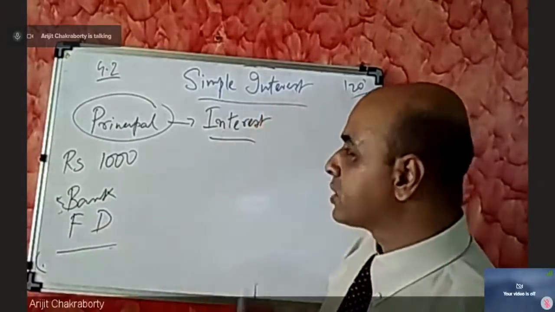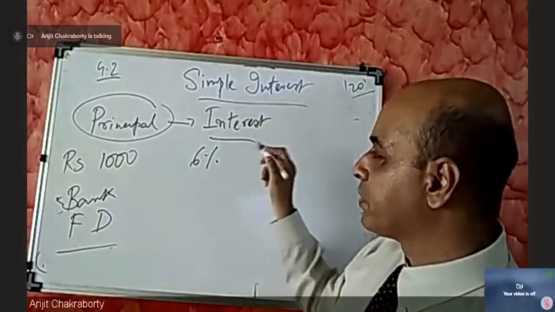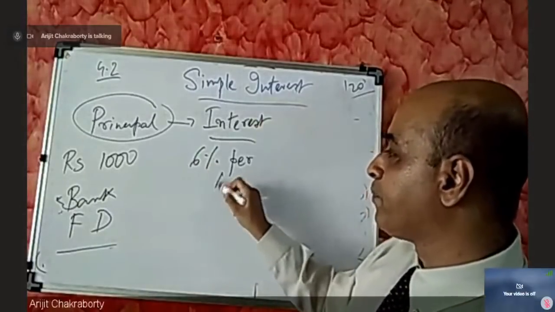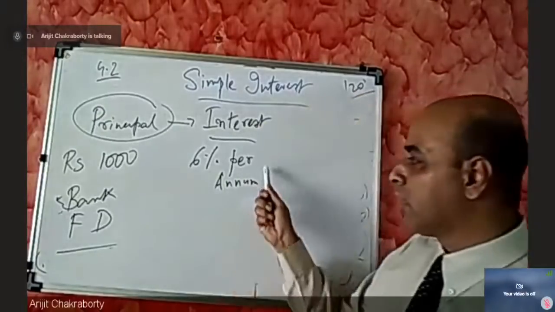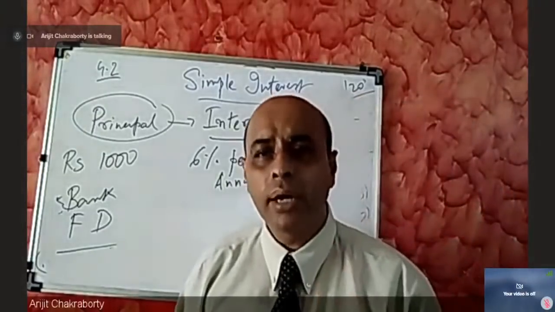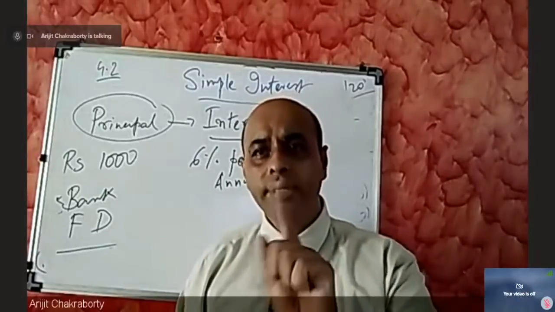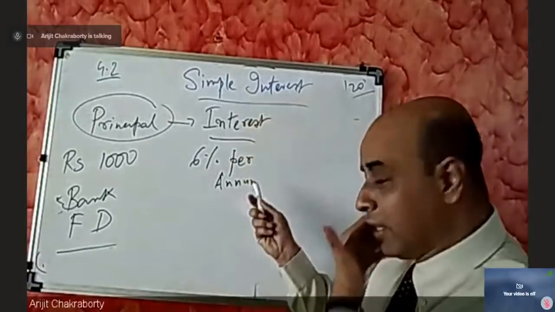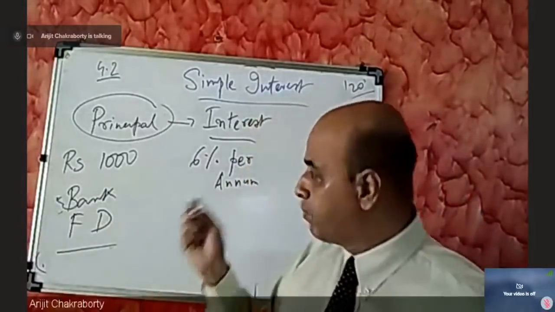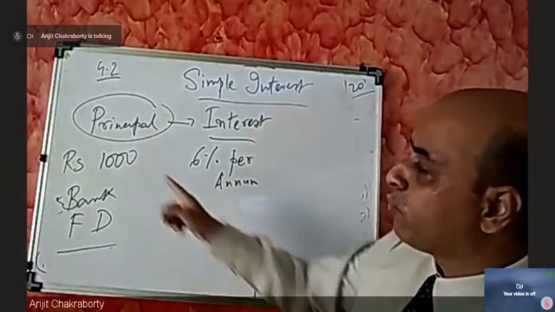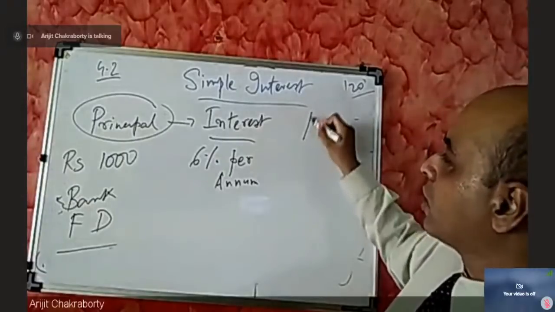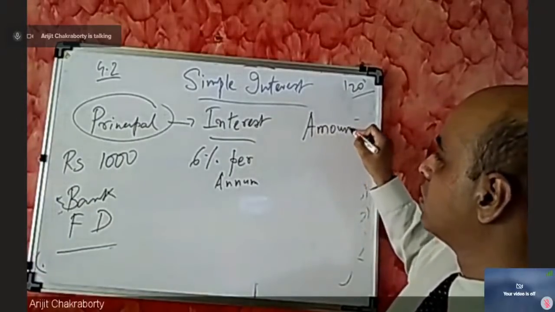Now say the interest is 6% per annum. What do you mean by per annum? It means per year. In 1 year. So the bank is paying me 6% interest per year. Okay? So at the end of 1 year, what is going to be the amount?